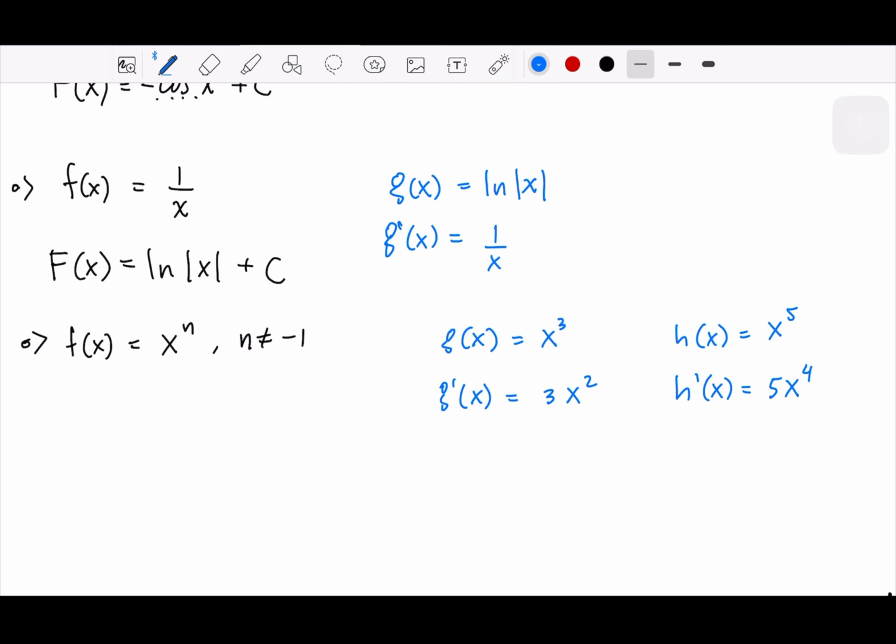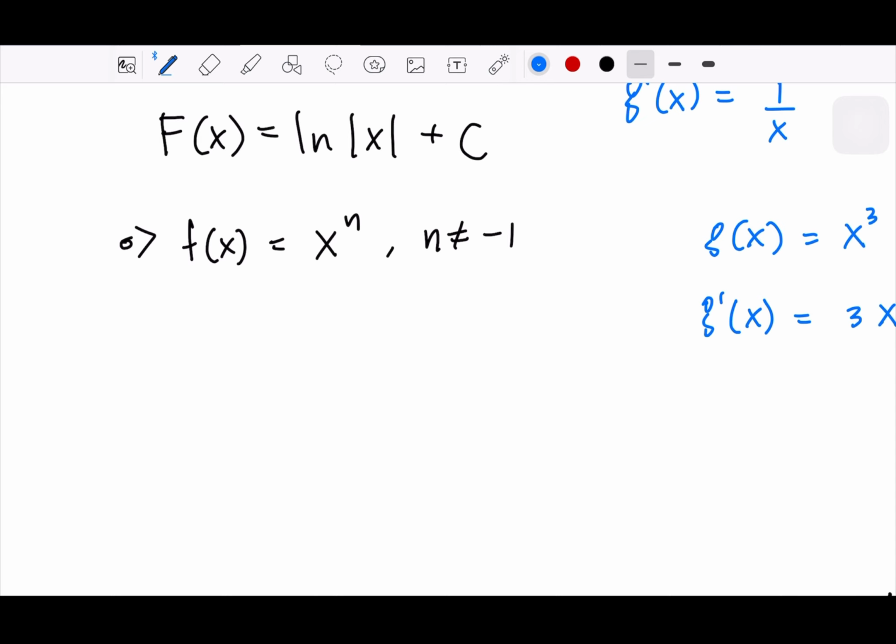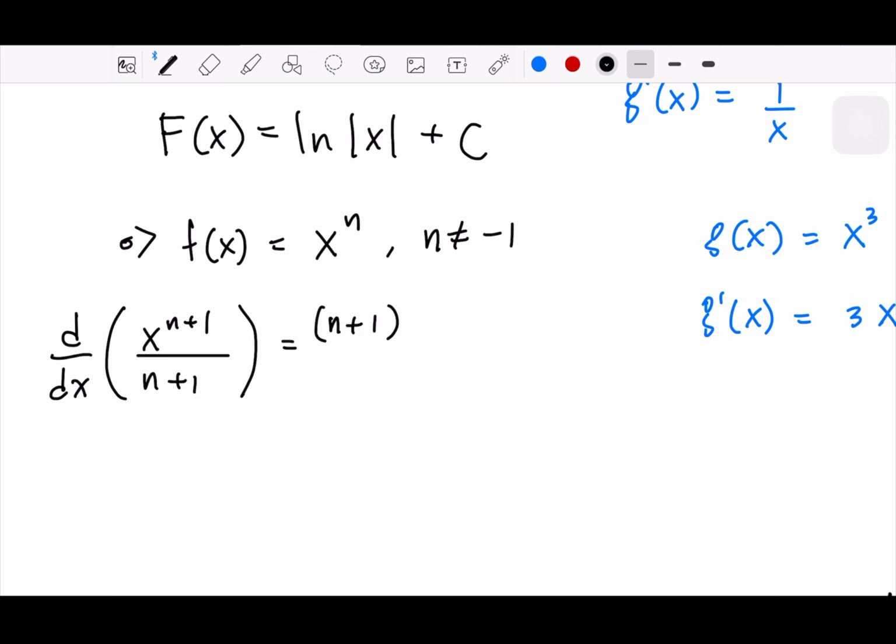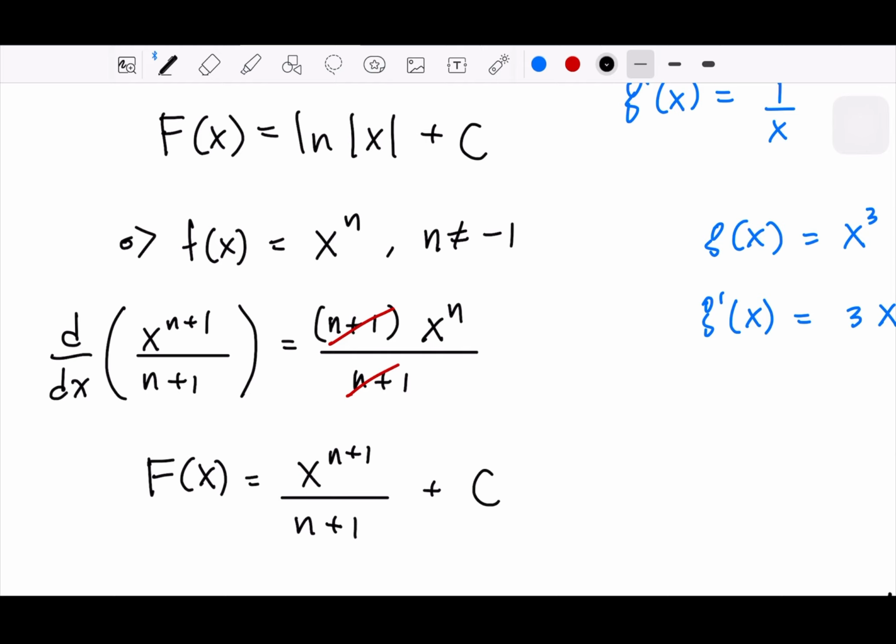So for the derivative of x to the power n, the antiderivative, the capital, will be x to the n plus 1 over n plus 1, plus a constant.